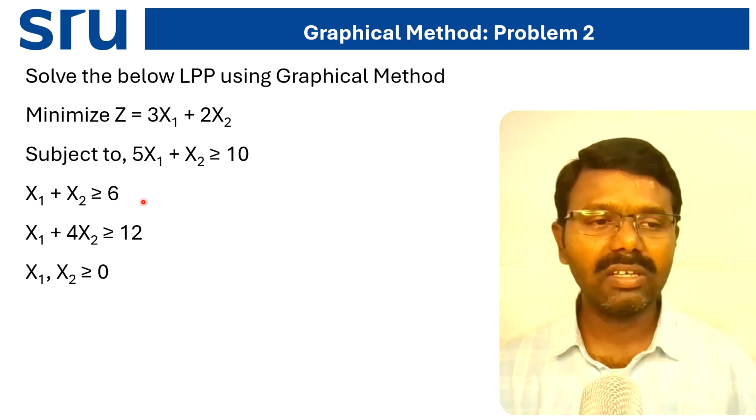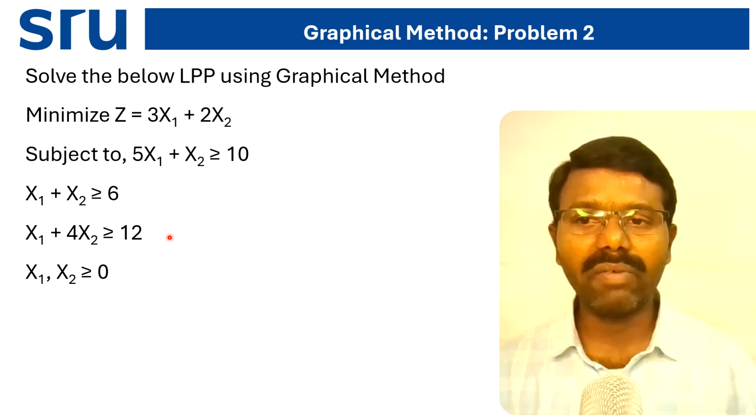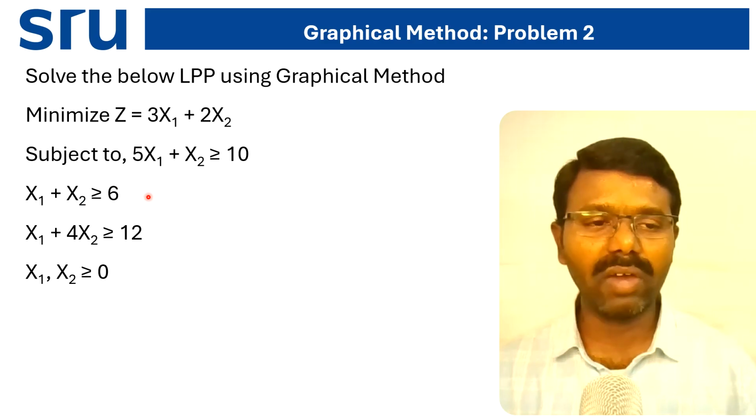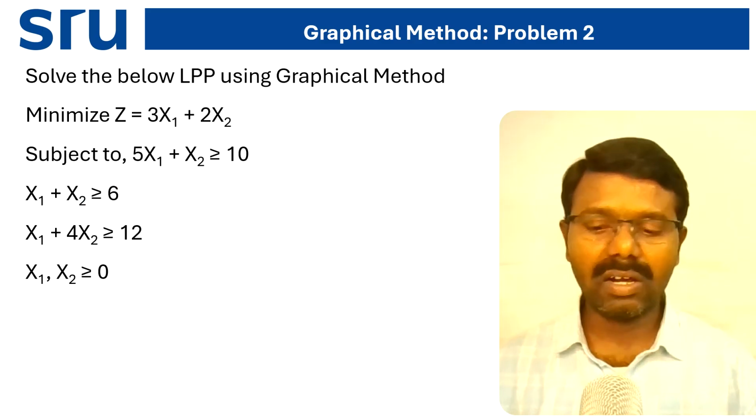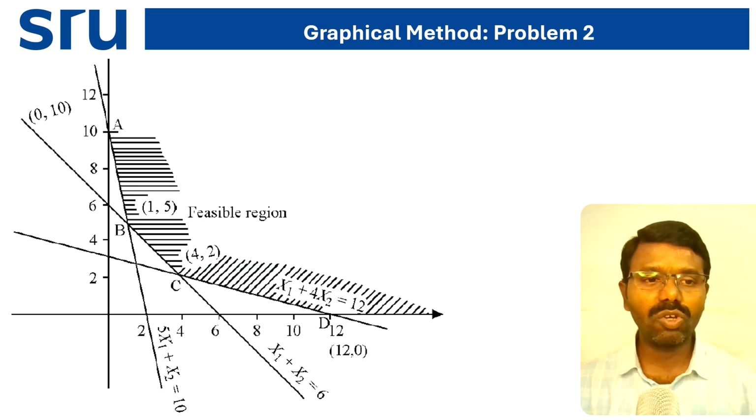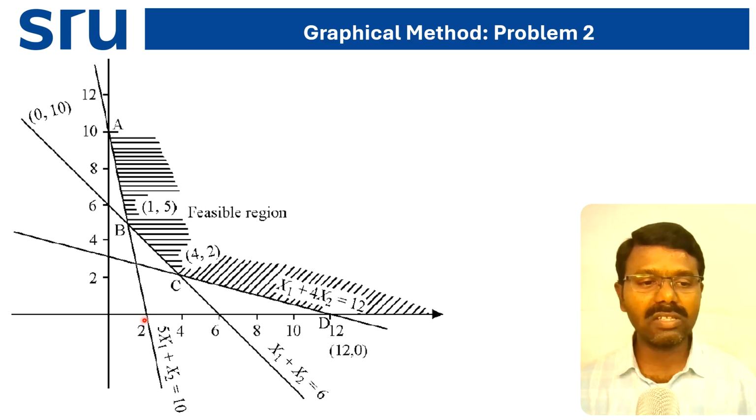Likewise, for each equation you take the x1 and x2 values where it intersects the x-axis and y-axis, and then draw it. The first equation, 5x1 + x2 ≥ 10, is this line.